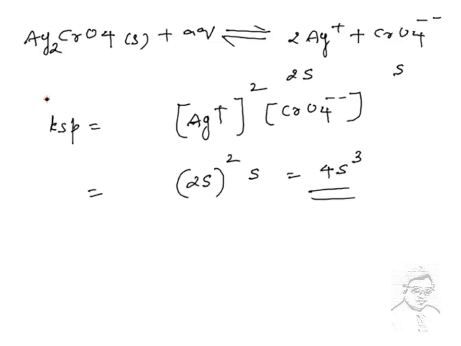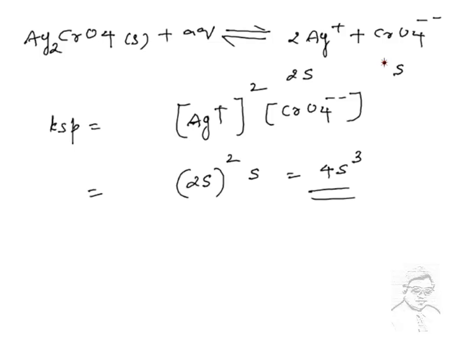Now the other extreme can be that you have very little of the right side. Maybe you got these ions from somewhere in very little amount. You got Ag plus ions from somewhere, you got CrO4 minus ions from somewhere, very little. And then you put them in some container.